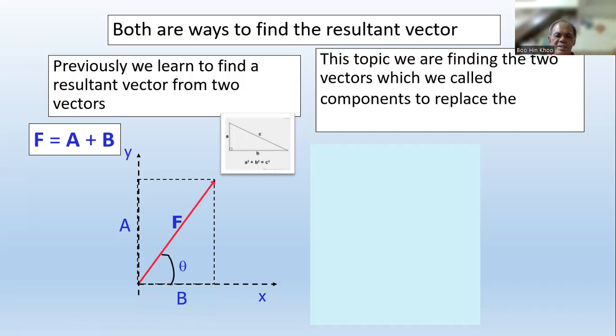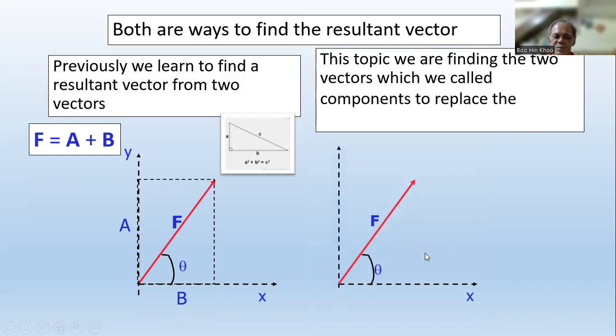That's what we were doing. In this topic, we are given a vector, and we want to find the components of this vector. We are finding two vectors, and we call them components. This is your vector given with an angle, with a direction.